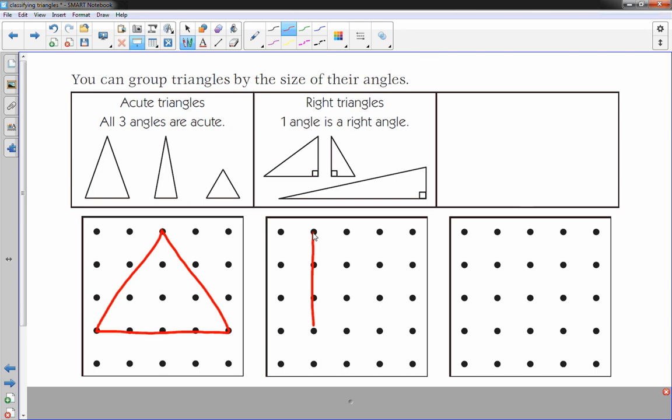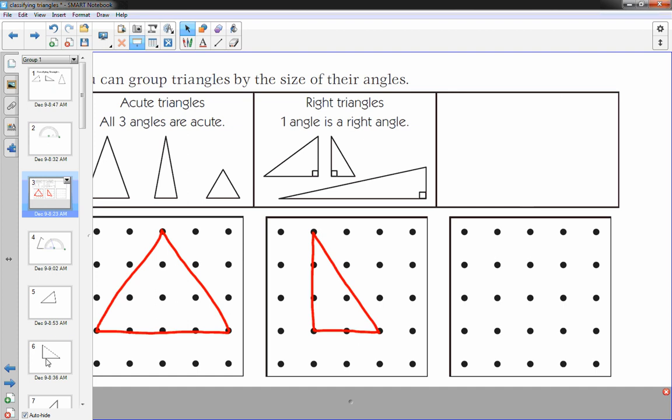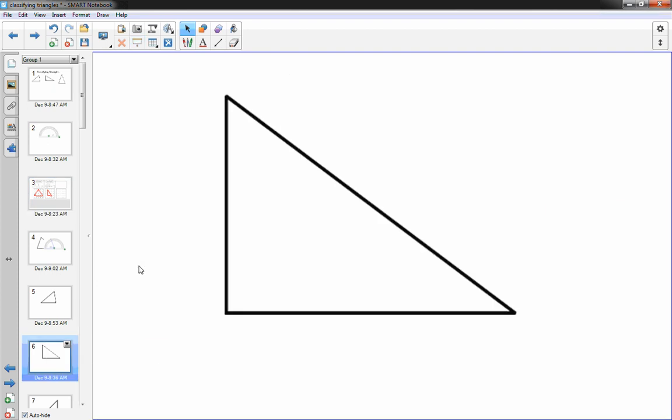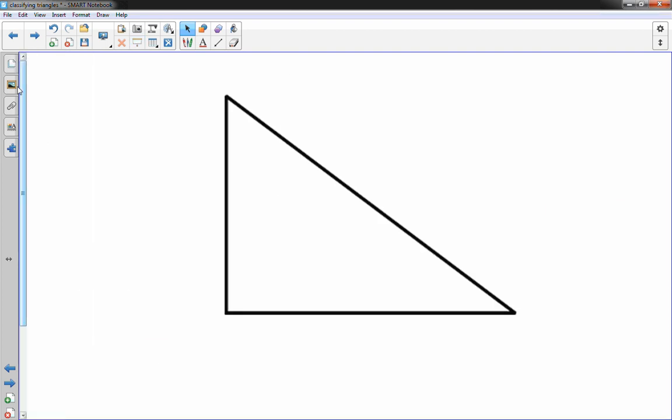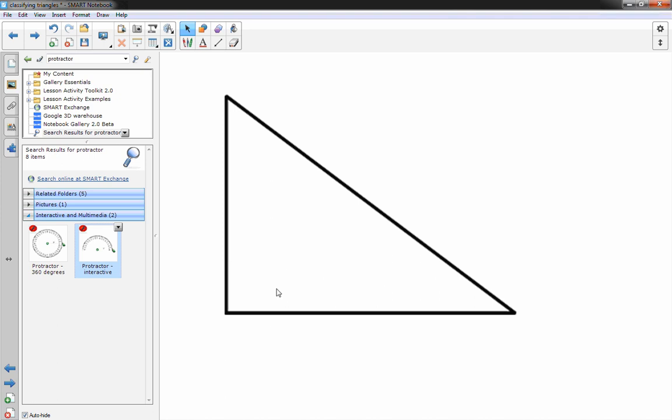So this would be a right triangle. These are probably the easiest ones. So I have a right triangle right here, I believe. It looks like it just because of this corner here.